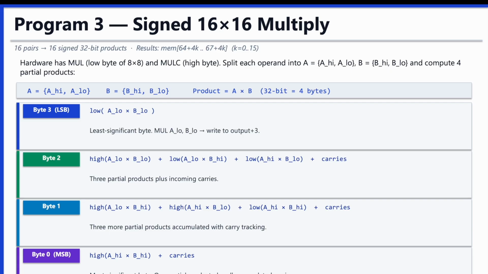The second lowest can be calculated from the high of the lowest and the low of the highs, plus the carry. And then we use this logic and so on.